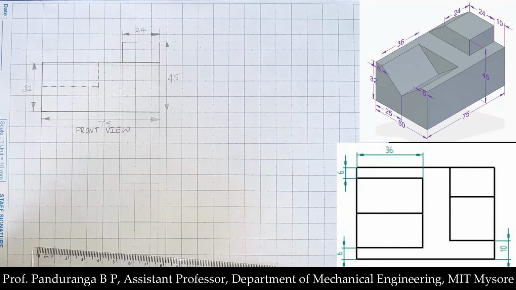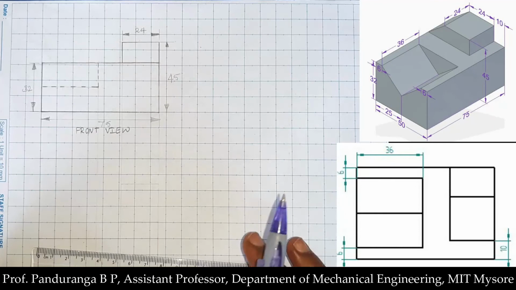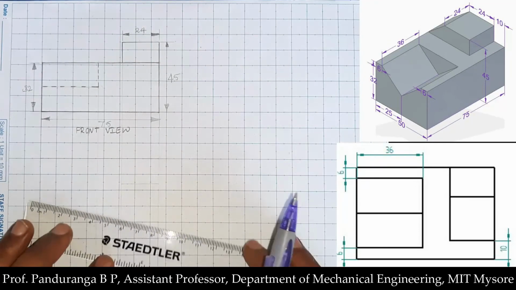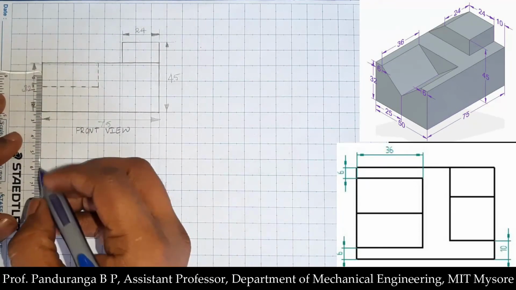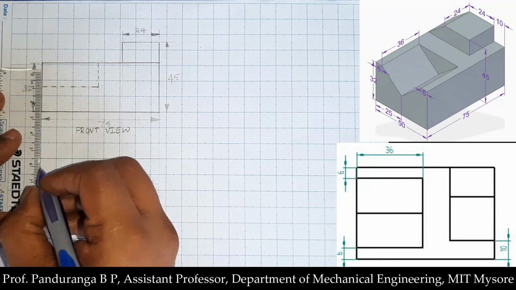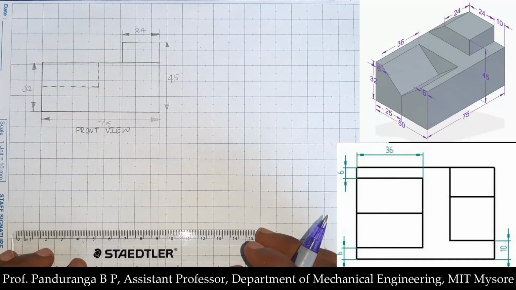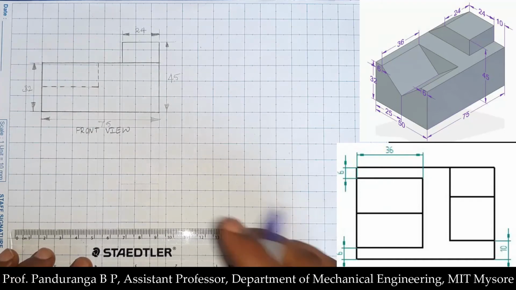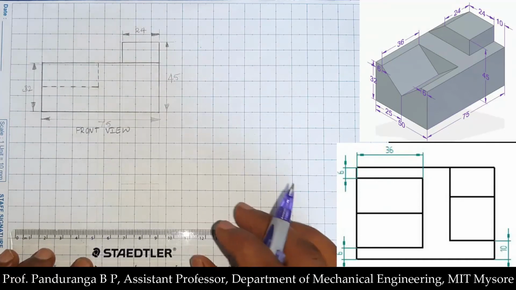Now we need to draw the channel. We need to draw this V channel. So I know that on either side we need to leave 6 millimeters. So I'll measure 6 millimeter on either side, and then I'll draw horizontal lines till it meets this projection line.